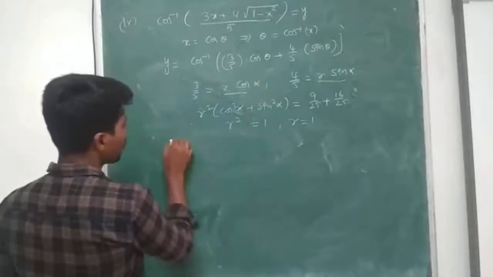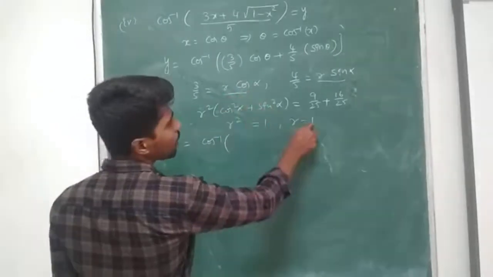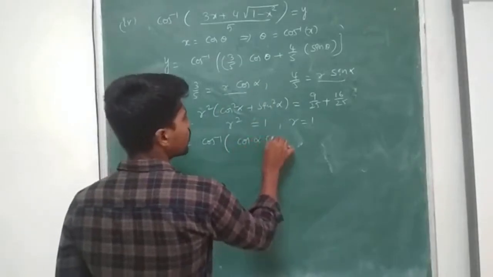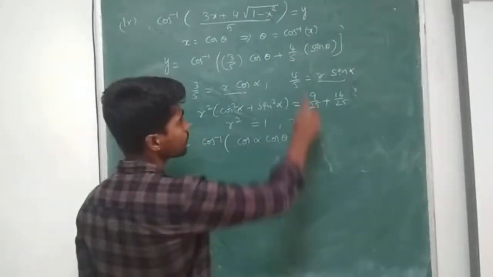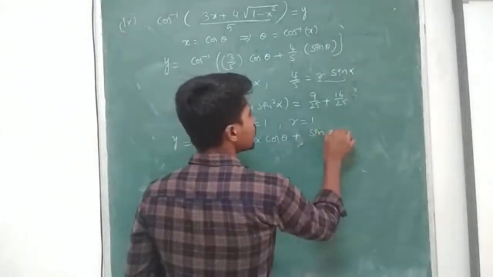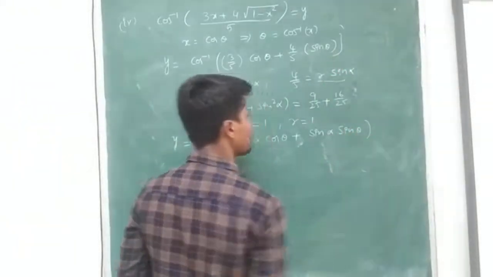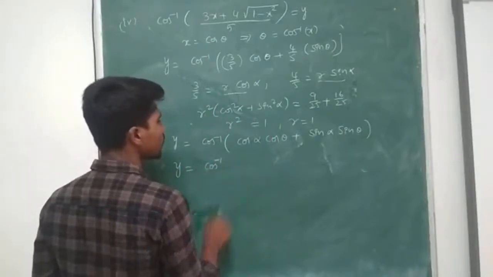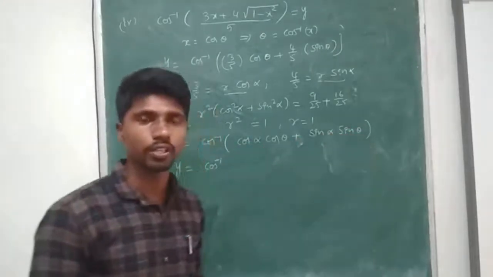Now replace this: y is equal to cos inverse of r cos alpha cos theta plus 4 by 5, which can be written as r sin alpha sin theta. The r value is already 1. So y is equal to cos inverse of cos alpha cos theta plus sin alpha sin theta. That is cos A cos B plus sin A sin B, which is cos(A minus B).